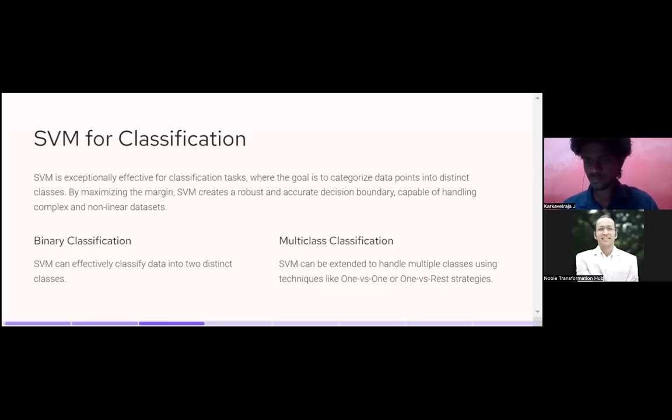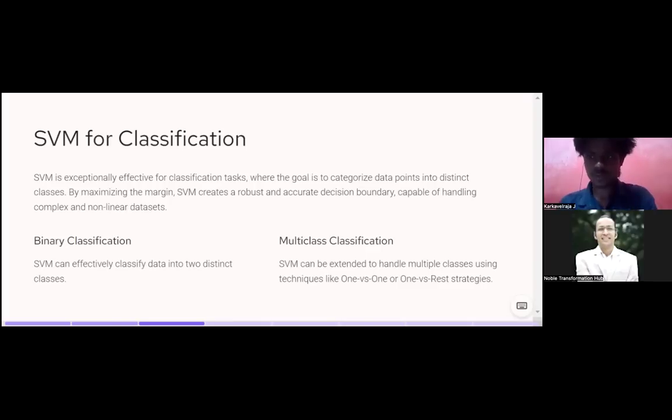So for binary classification, when somebody asks what is classification, it is making two distinct classes. Binary means two different, bi means two. SVM can effectively classify data into two distinct classes. This is how you remember.